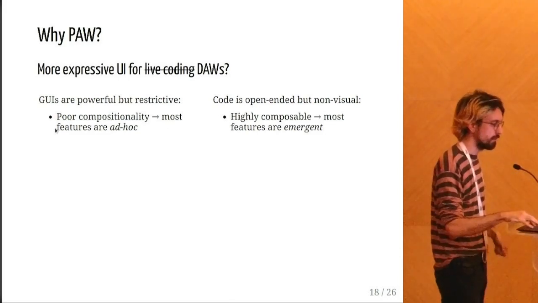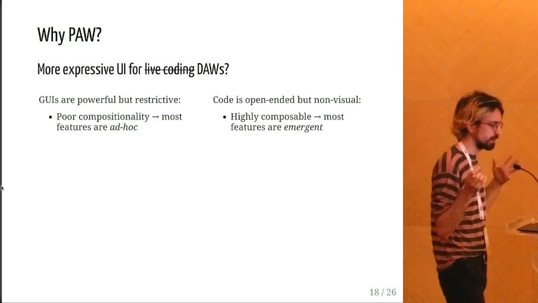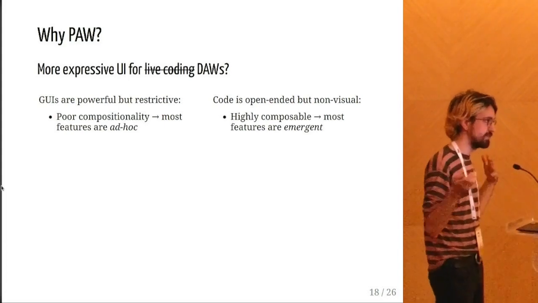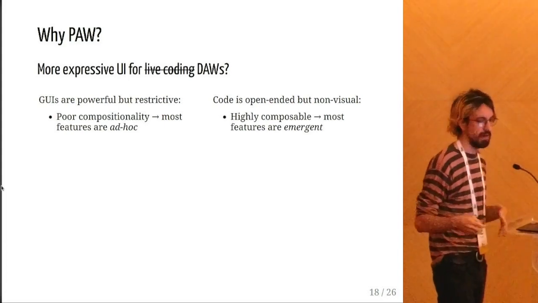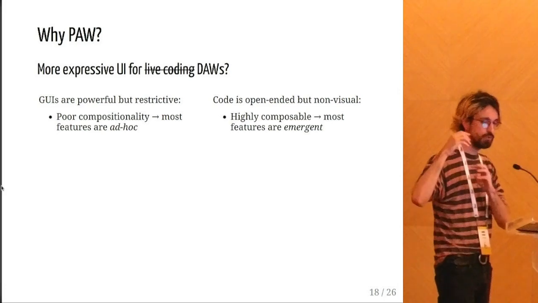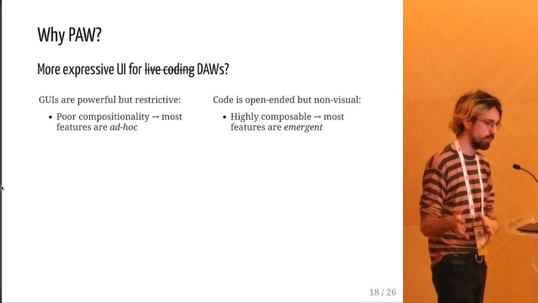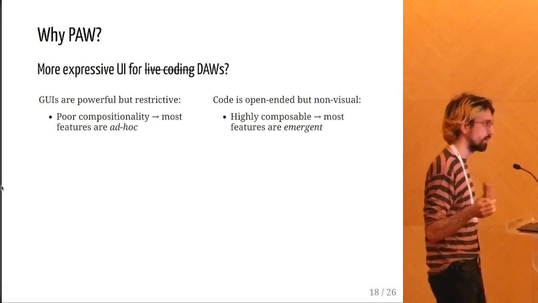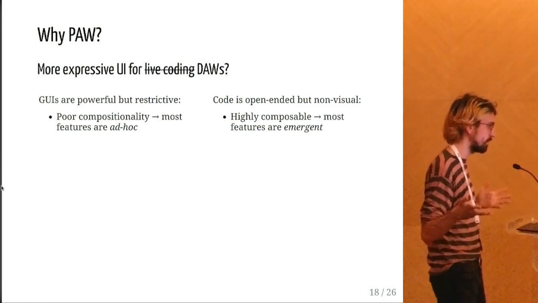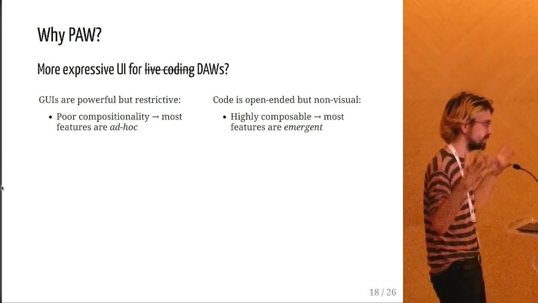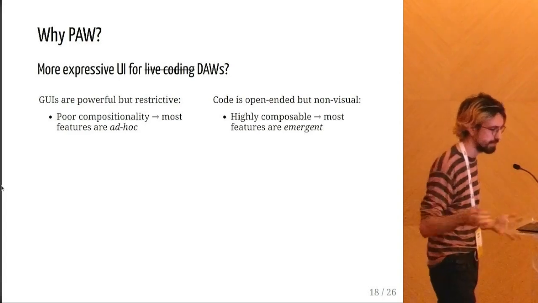And so the impact of the lack of compositionality of GUIs is that most of the features in a GUI are ad hoc. If I have a UI to do a specific thing, it was baked into the GUI by the developer. Whereas in a programming language, most of the features are just emergent from recombination of other things.